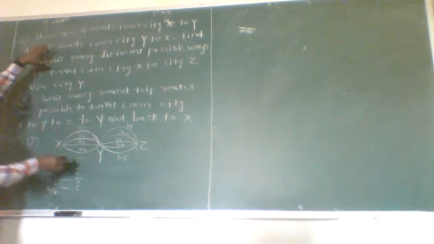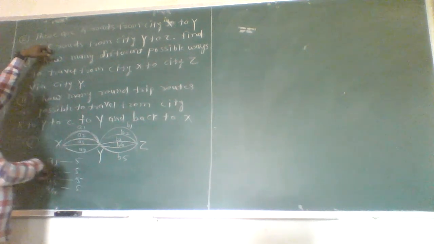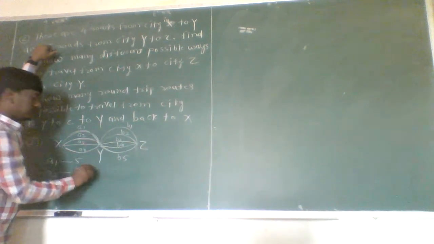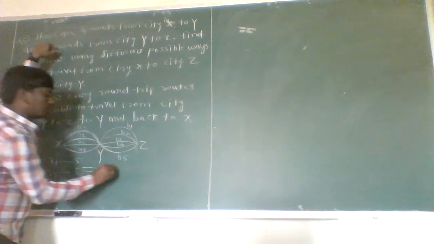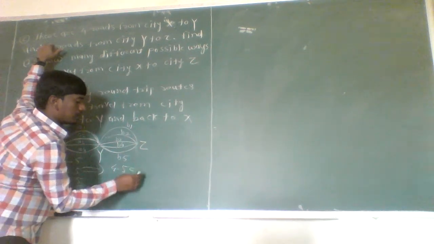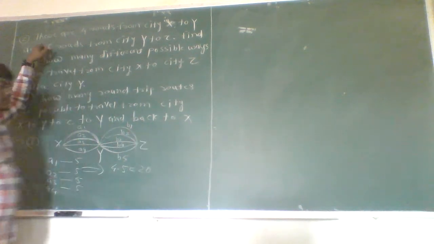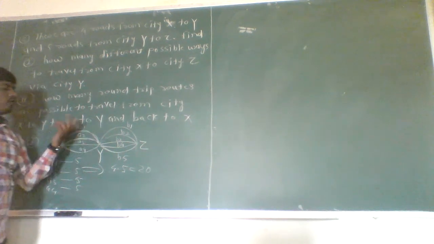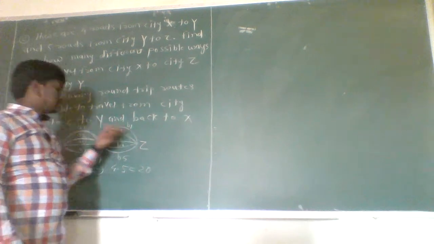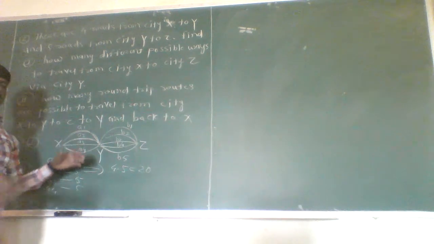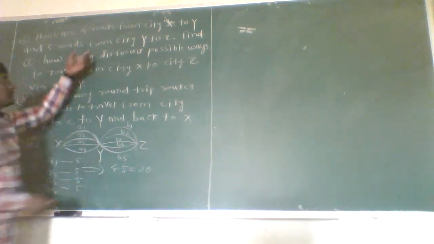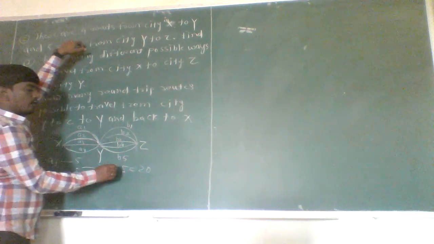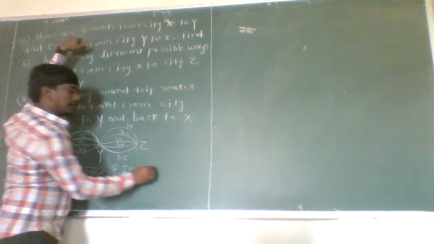Then the number of possible ways to travel from city X to Z via city Y is equal to, from the product rule, 4 into 5, which is equal to 20. Since if we travel from road A1, then there are 5 possibilities, similarly for A2, A3 and A4. Then the number of possible ways to travel from city X to Z via city Y will be equal to 4 into 5, which is equal to 20 ways.